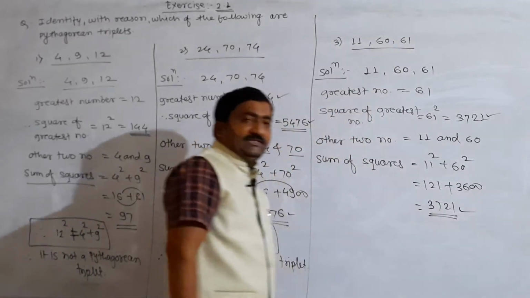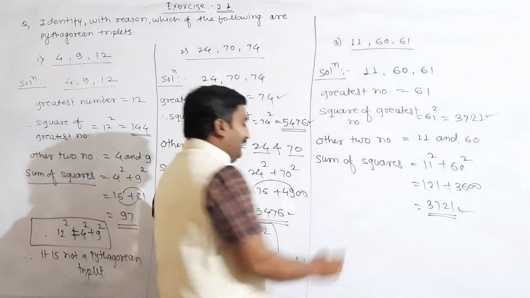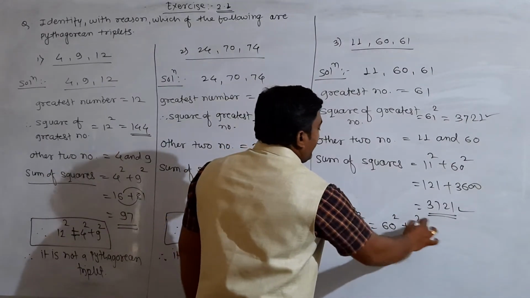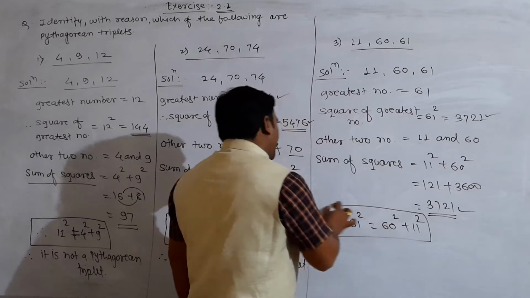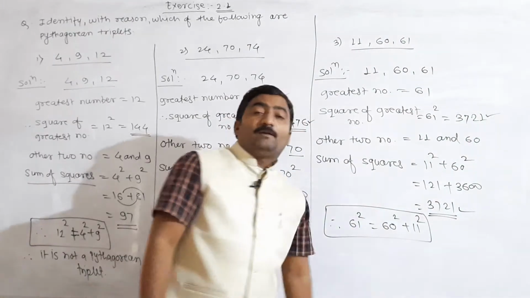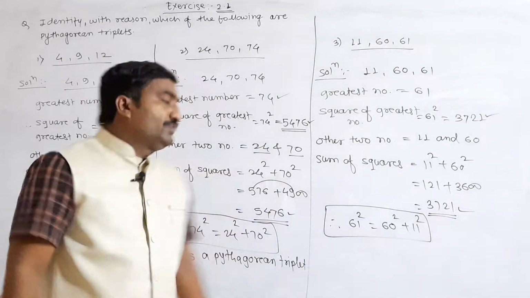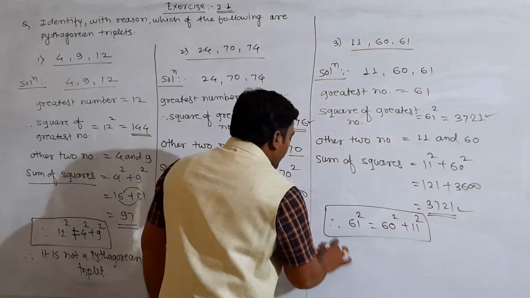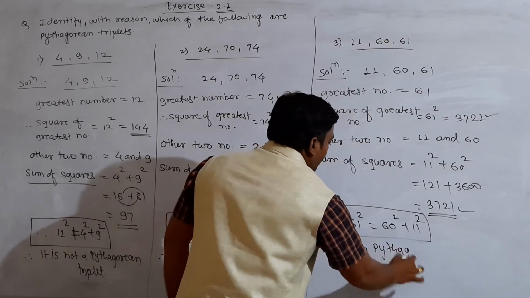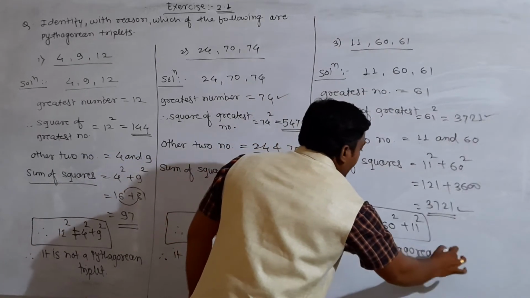This is also 3721. It means 61 square is equal to 60 square plus 11 square. The square of the greatest number is equal to the sum of squares of the remaining two numbers. Therefore, it is a Pythagorean triplet.